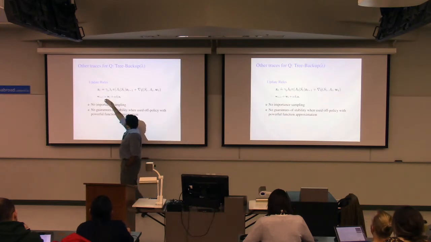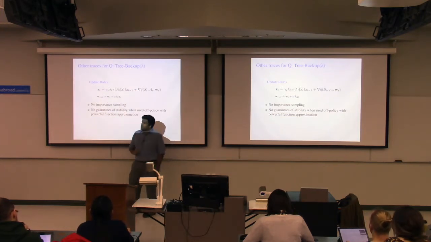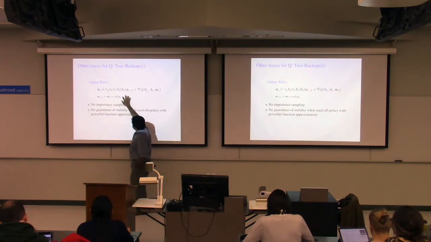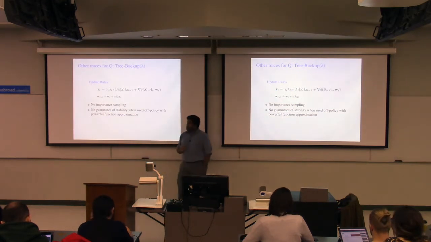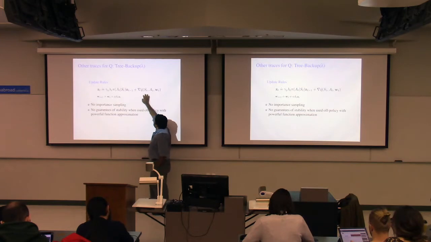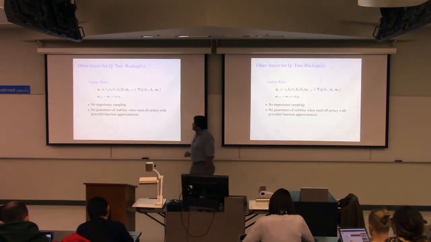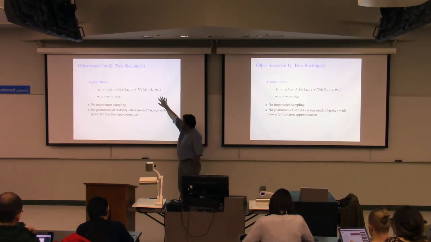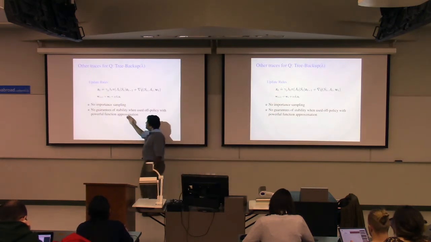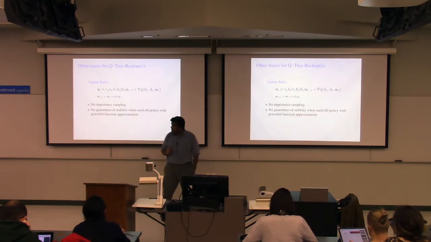We have a trace which depends again on the gamma and the lambda, but it also depends on the probability that this action was taken by the target policy pi, times the old trace z of t, plus what you could imagine would be your feature vector. Okay, and then the update would be the standard update equation.